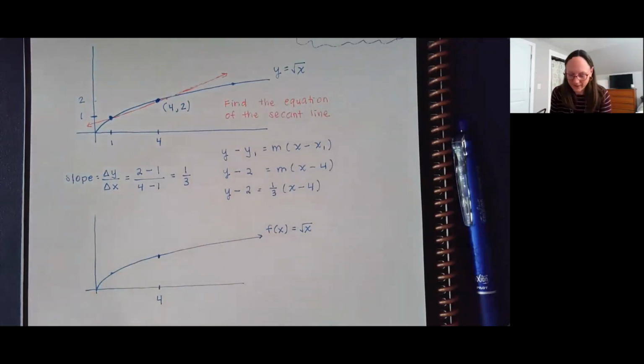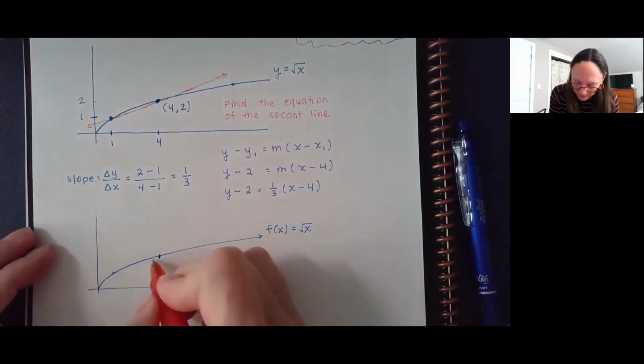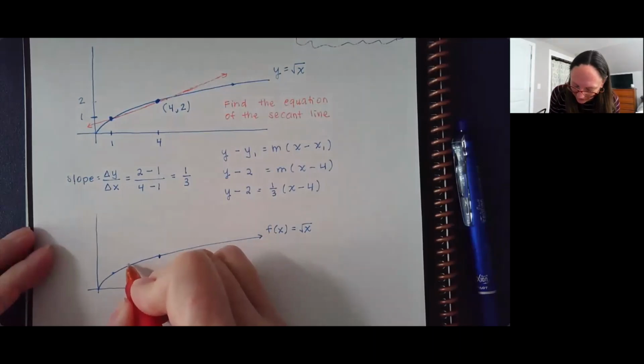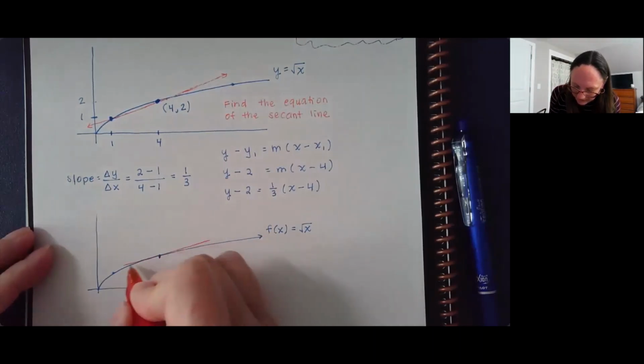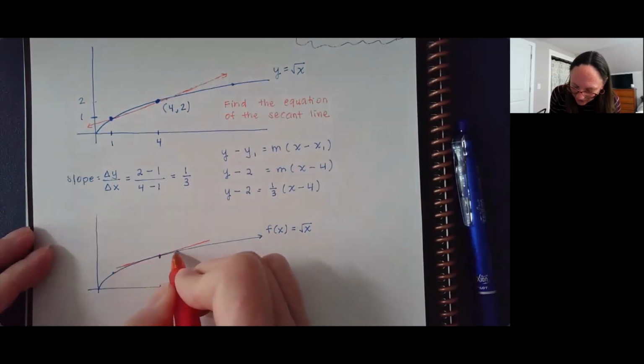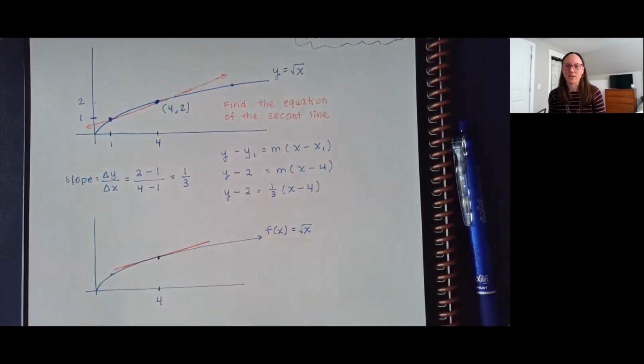And so what would the equation of that straight line, or what would the slope of that straight line be? I'm going to do my best to draw it in here. So really, that's the thing that I want to get to.